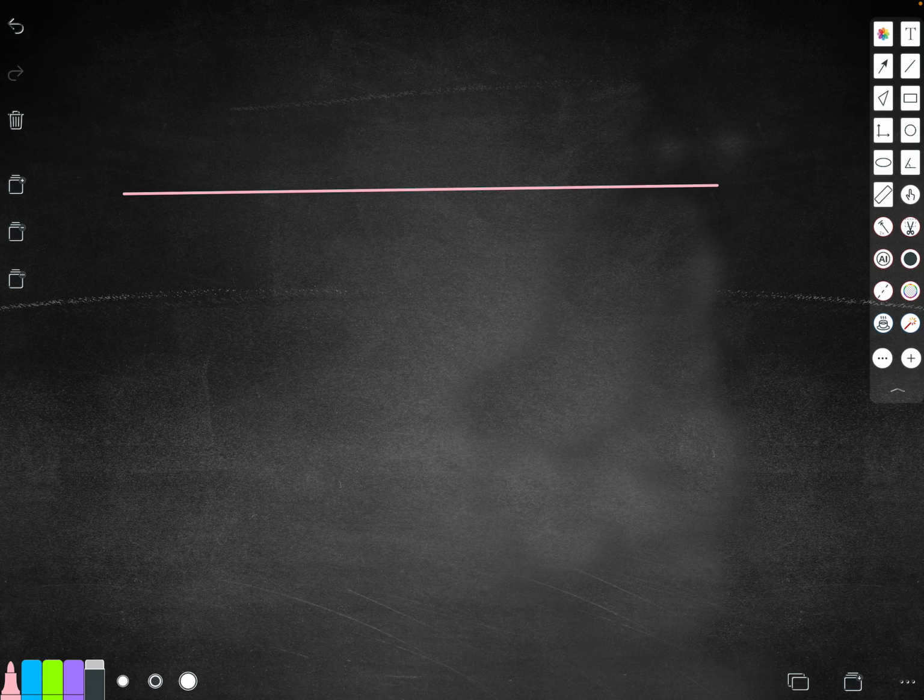Children, I am making a number line for you and I am writing a few numbers for you. 10, 20, 30, 40, 50, 60, 70, 80, 90, 100. You can imagine a scale in your hand like this.